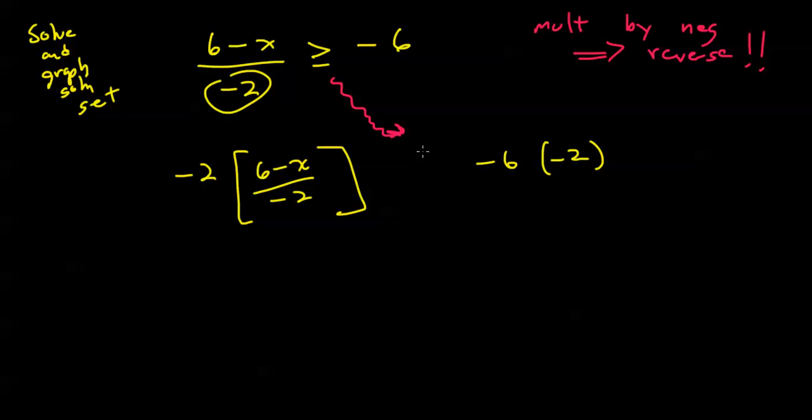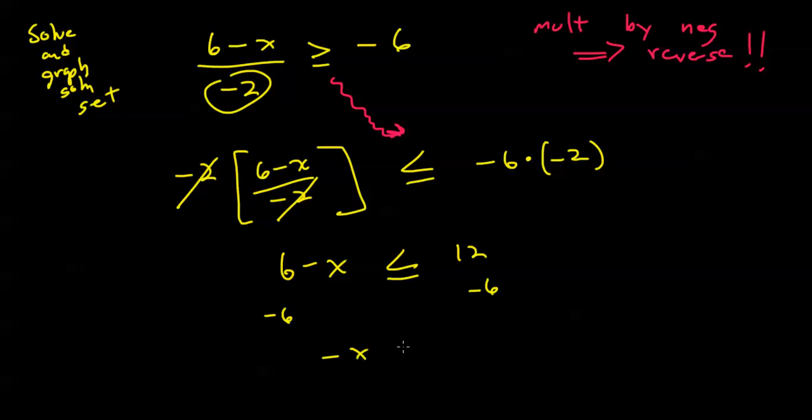I'll get this statement. Alright, minus 2 cross cancels on the left with minus 2, and I get 6 minus x in my numerator is less than or equal to, now minus 6 times minus 2 is positive 12. Clearly I'll subtract 6 from both sides. I get minus x is less than or equal to 6.